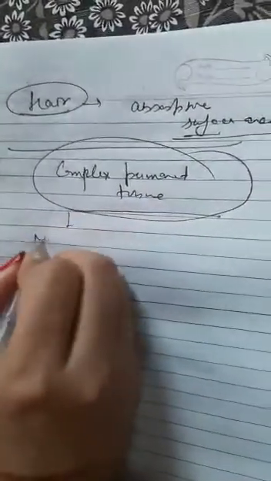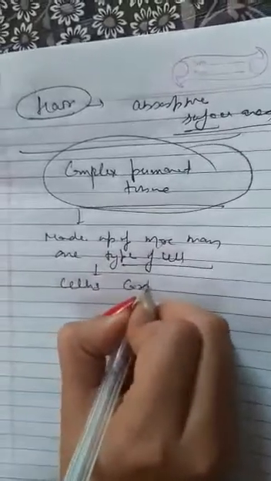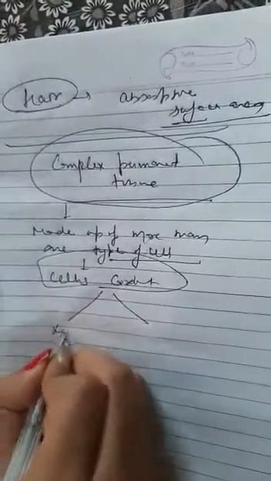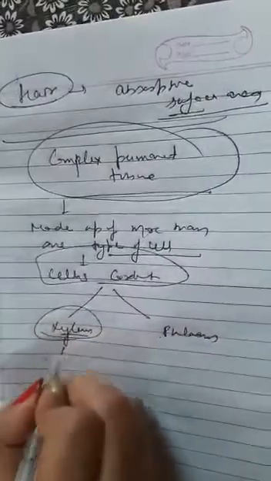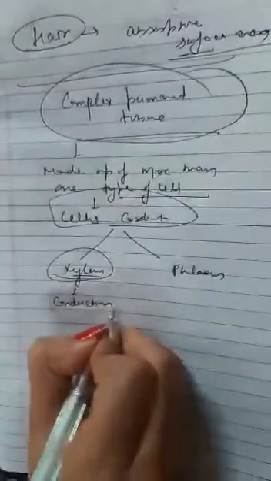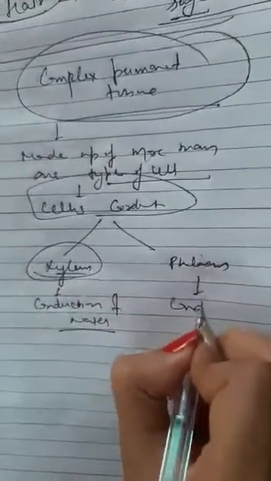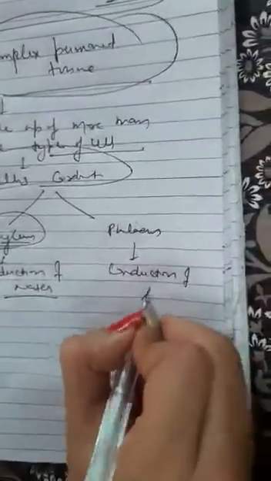Complex means it is made up of more than one type of cell, and these cells coordinate to perform basic functions. For example, xylem and phloem. Xylem helps in conduction of water, whereas phloem helps in conduction of food.